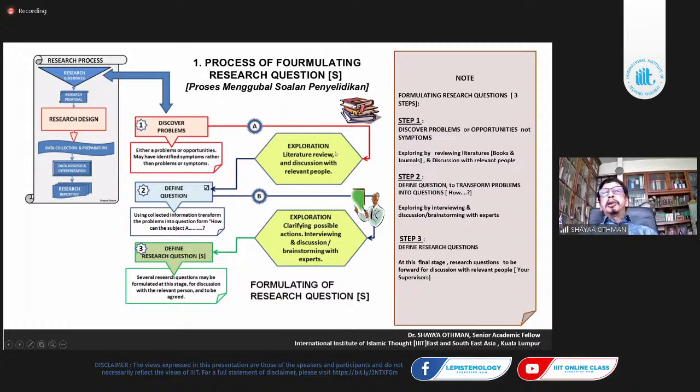Literature review is important as well to focus your interest. You identify the problem. Just for example, you identify a problem where you want to create an alternative immune system for COVID-19. Assuming those who are in medicine, they can look into all aspects of immunization, all aspects of the natural immune system.